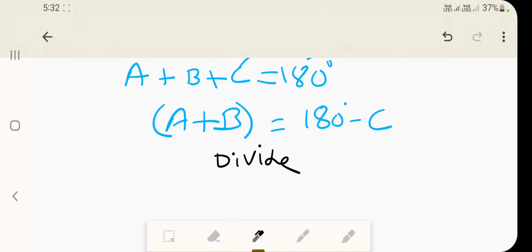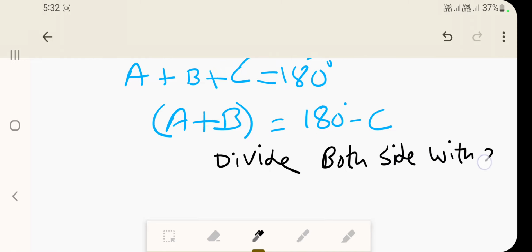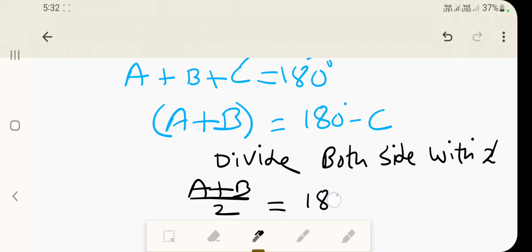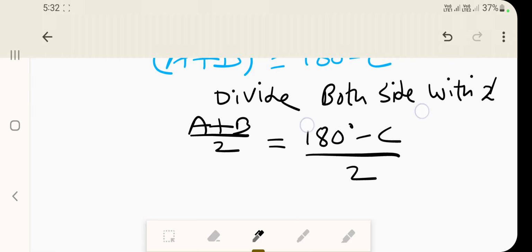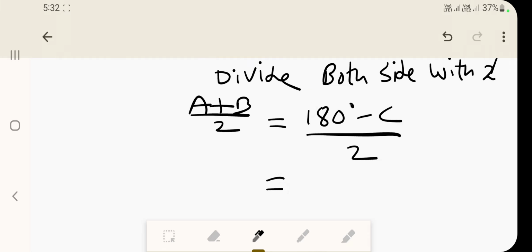So what we get here is (A plus B) by 2 and (180 minus C) divided by 2. On the RHS we can write 180 and C separately, that is 180 by 2 and C by 2.